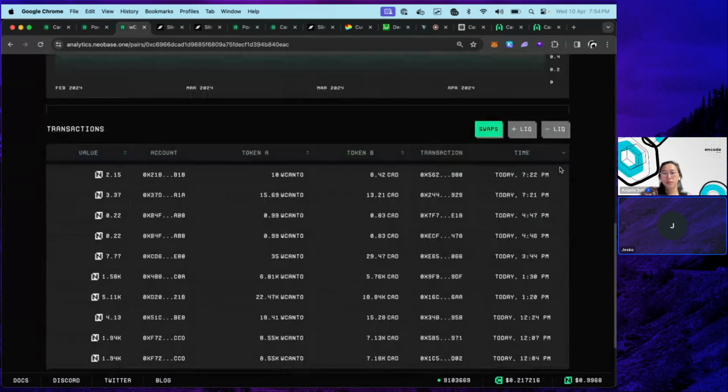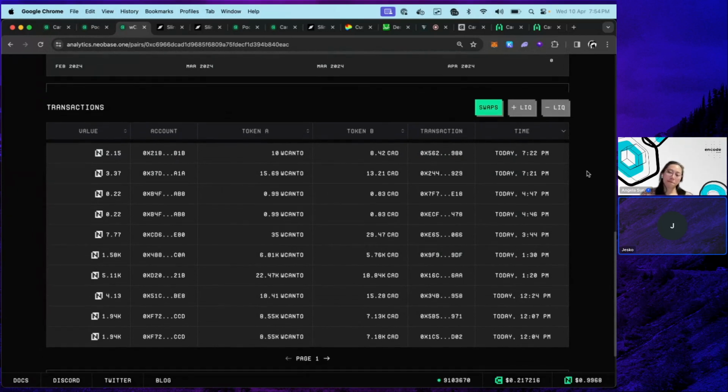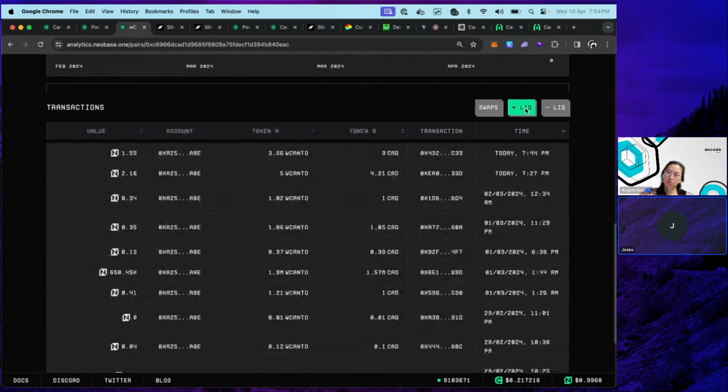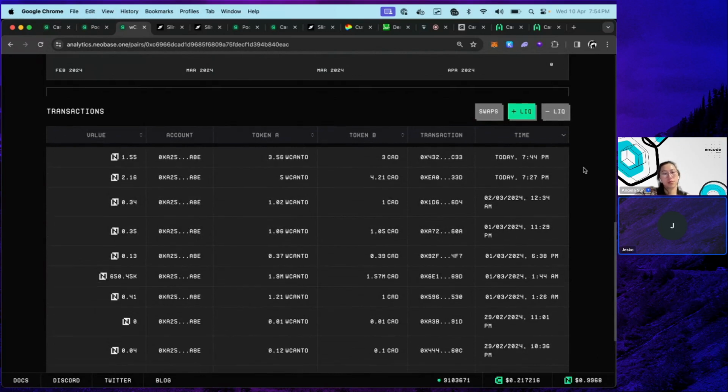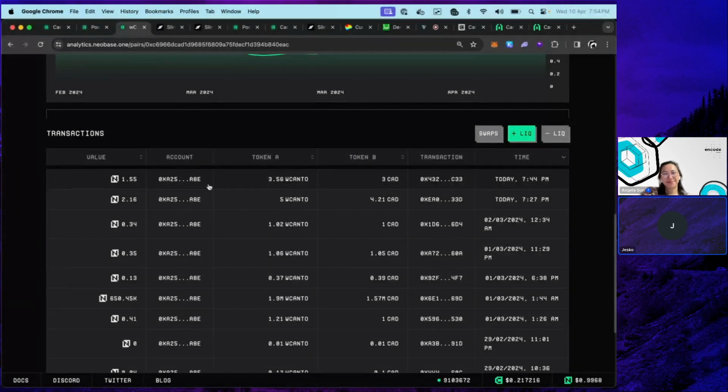This also includes transactions, whether it was swapped or whether liquidity was added or removed. And here we can see that literally as part of this demo, we added 3.5 WCanto and 3 cadence Canto liquidity, and we can see this here, right?